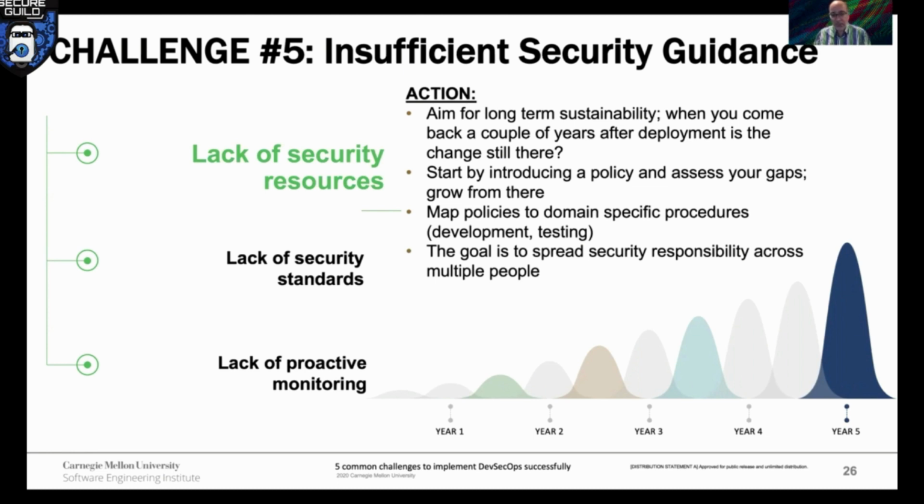If there are not enough resources and knowledge in the organization, developers will go and look at open source environments. Sometimes open source environments, the internet, lead them in the wrong directions. So we have to build up organizational knowledge and put the right policies, the right knowledge in place, and map the policies to domain-specific procedures. So our developers will follow the organizational guidance and organizational security policies.